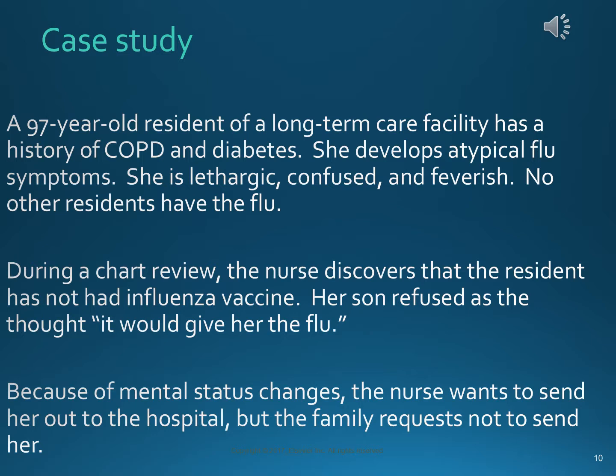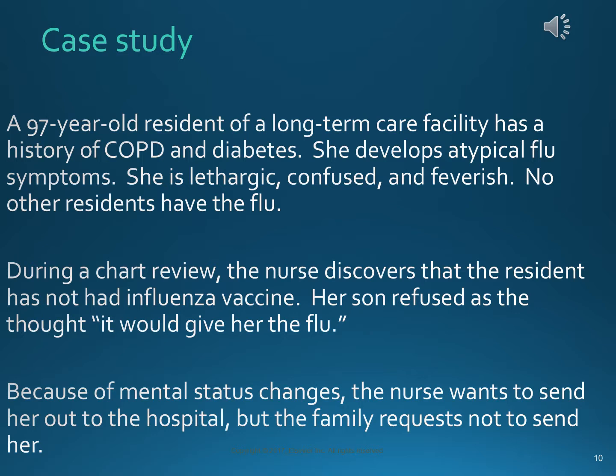Let's talk about a case that you may be likely to see if you work in long-term care. A 97-year-old resident of a long-term care facility has a history of COPD and diabetes. She develops atypical flu symptoms. She's lethargic, confused, and feverish, and no other residents have the flu.